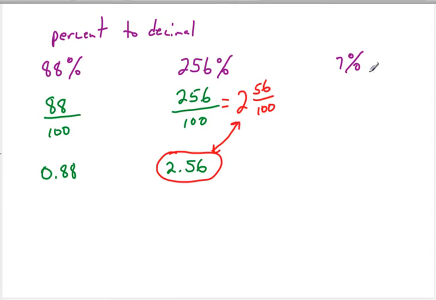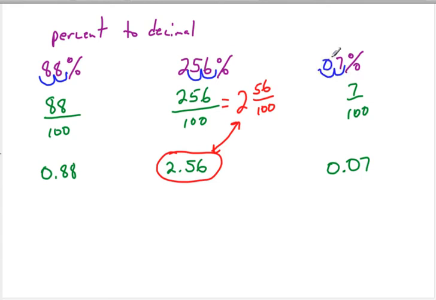And then 7%, we have 7 over 100, which is 7 hundredths, which means that the 7 has to be in the hundredths place of the decimal, and so we end up with that. Also, similar to what I said before, just moving the decimal will work here. Anytime you want to change percent to decimal, you just move the decimal back 2 spaces. Notice none of these actually has a decimal in it to begin with, so it's always just at the end there.